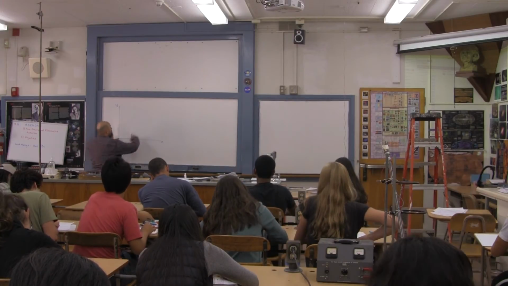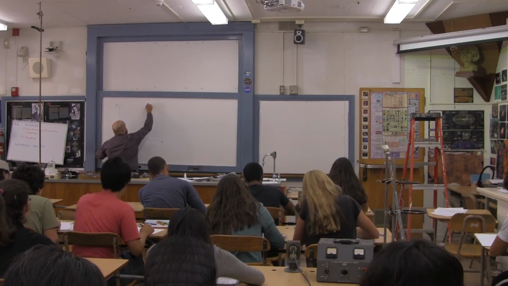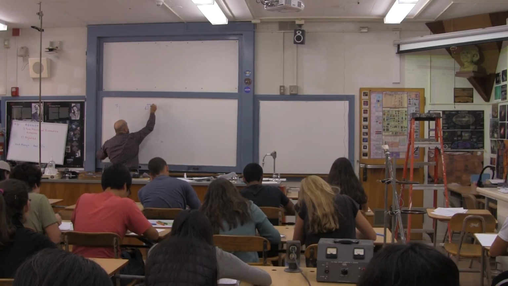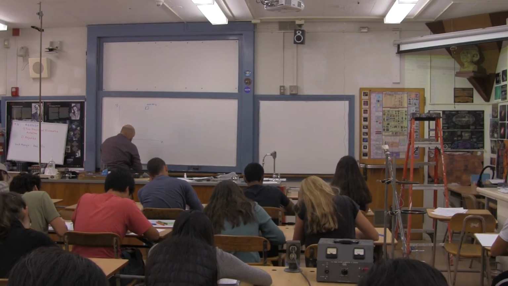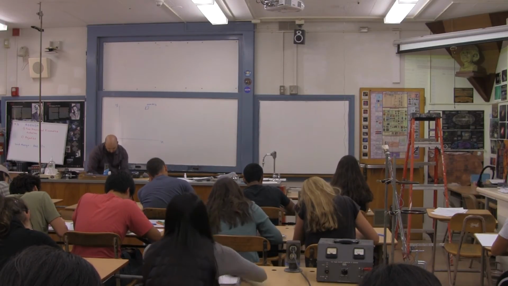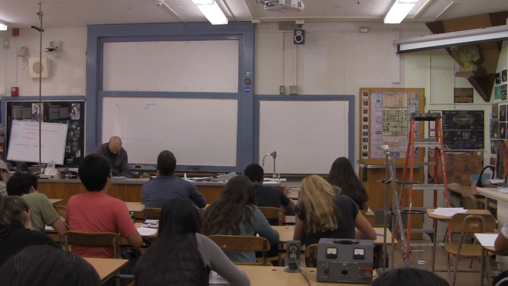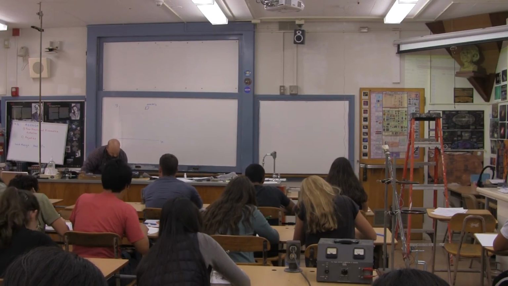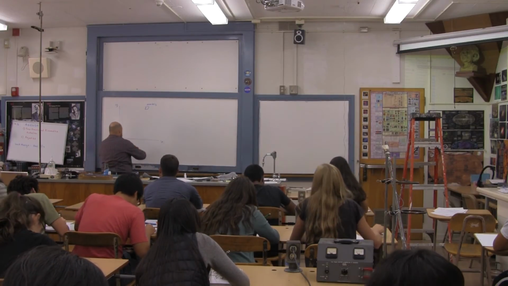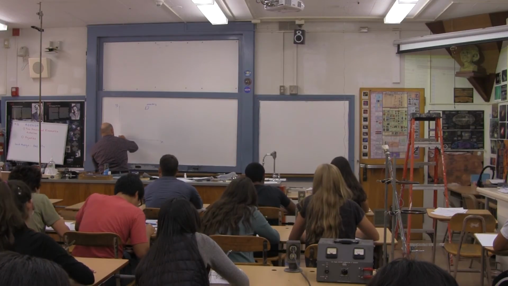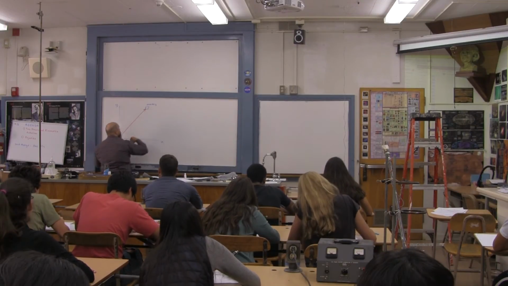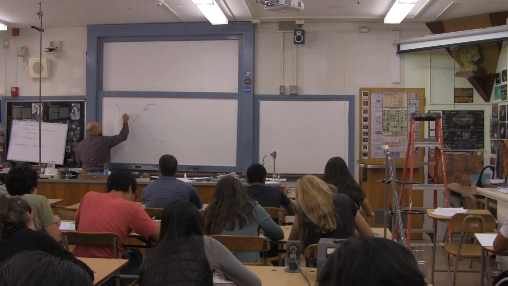Then up here on the ceiling is the monkey to begin with. So with respect to the origin, this is the initial position vector of the monkey. Let's call this R0 monkey.